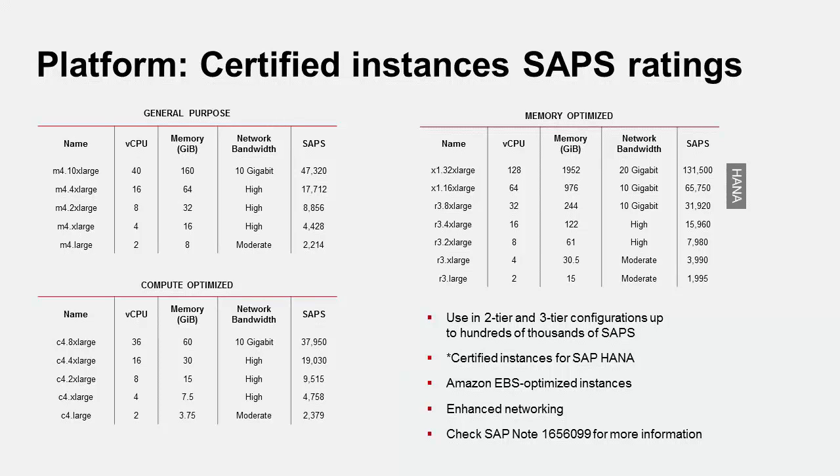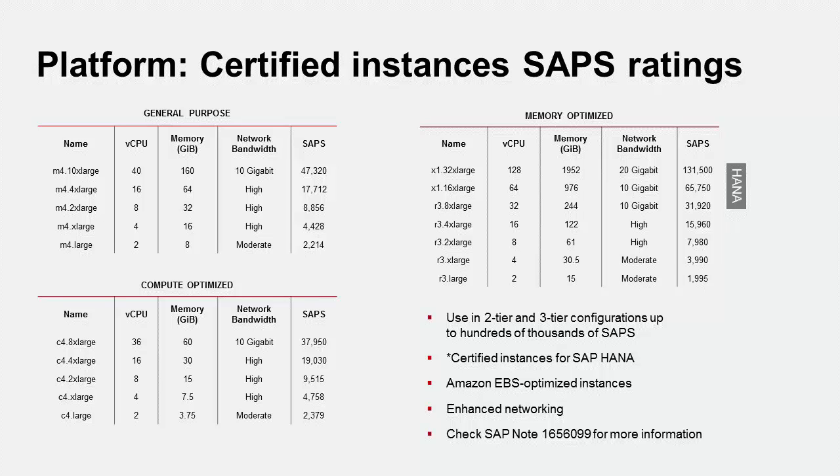As I mentioned earlier, we currently have over 40 different virtual machine configurations, or what we call instance types. We've certified more than 20 of those for SAP. These are the current generation instance types that we have certified. You can see a SAPS rating for each instance type.